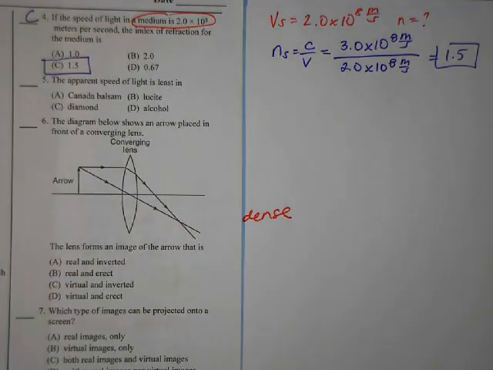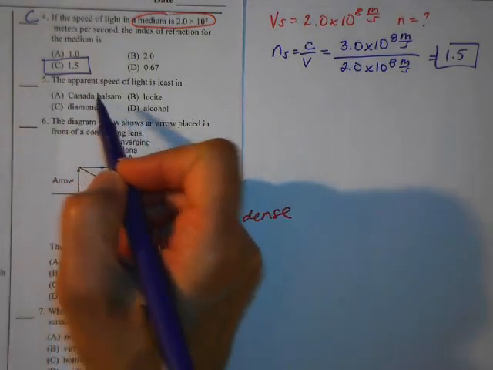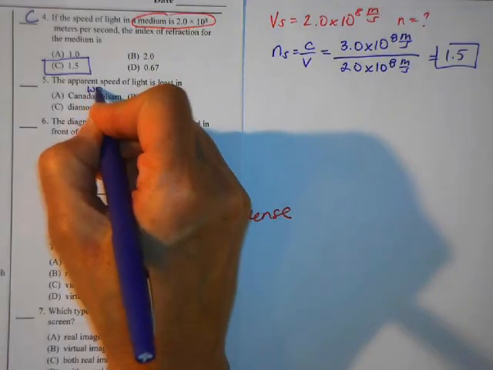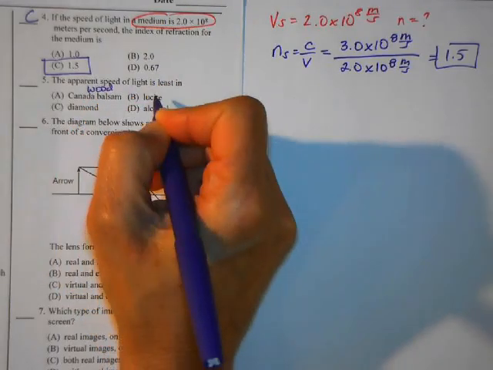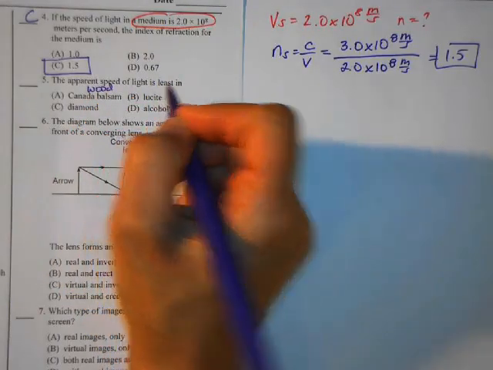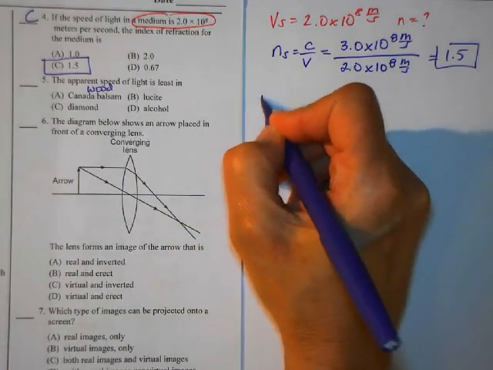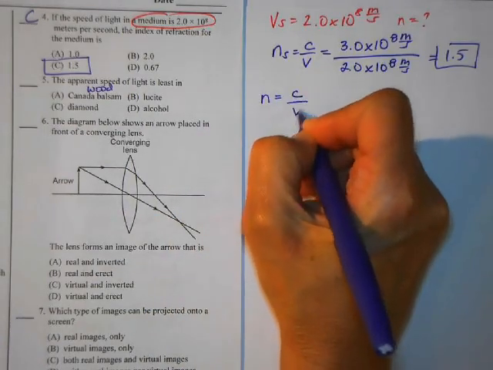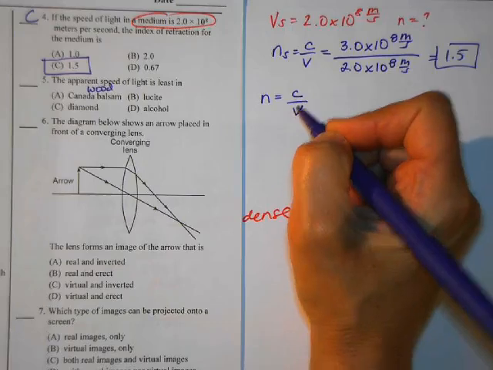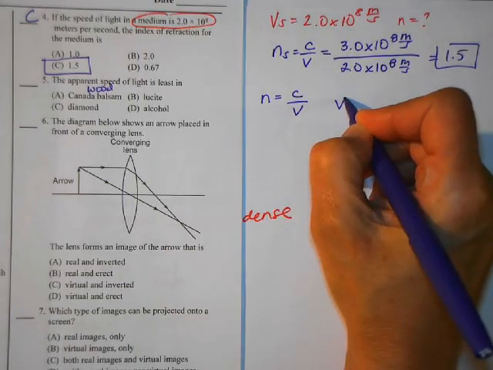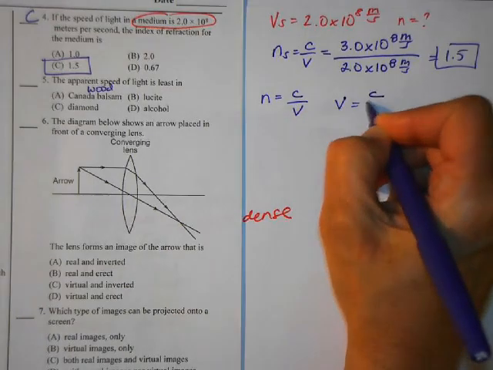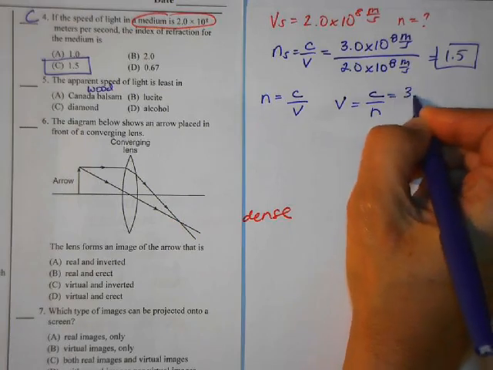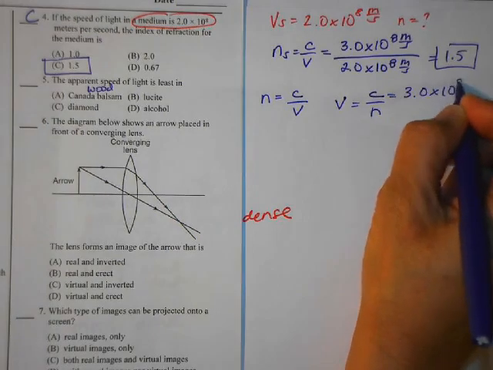Number 5, the apparent speed of light is least in Canada balsam, that's just wood, diamond, lucite, or alcohol. Well, remember, n is equal to c over v. So v, the speed, is going to be c over n. This is 3.0 times 10 to the 8 meters per second.